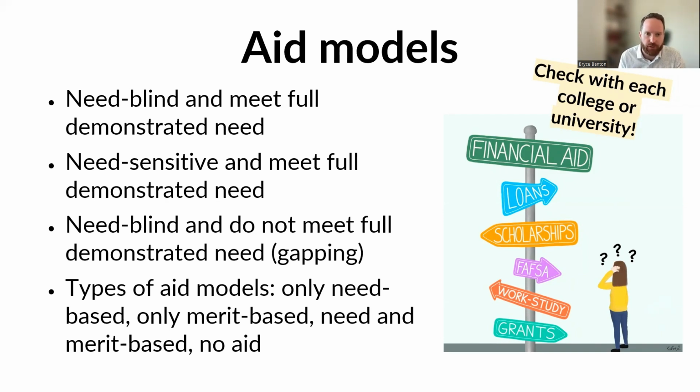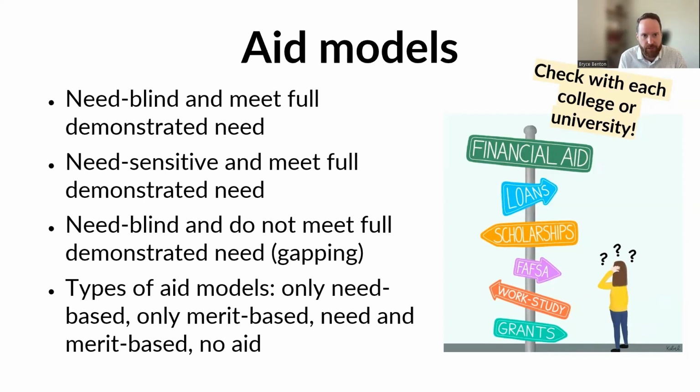Typically, those institutions that do have this model are highly selective, very resource wealthy types of institutions. So it can be pretty difficult just to be admitted to these types of institutions in the first place, right? So although it might be appealing to have a process that's need blind and then having your need met if you're admitted, understand that sometimes it can be challenging to be admitted in the first place because it's such a small number of schools that are able to do that.